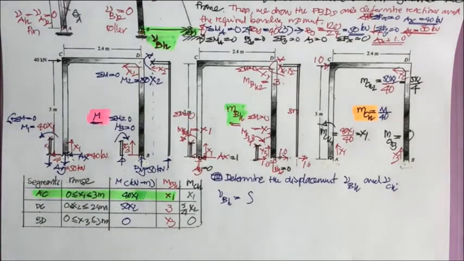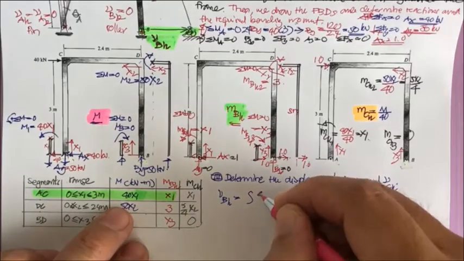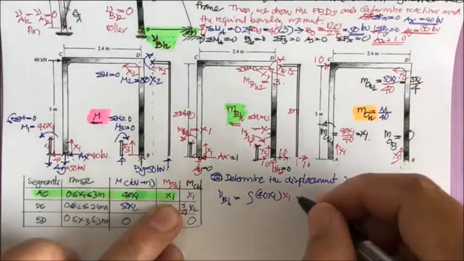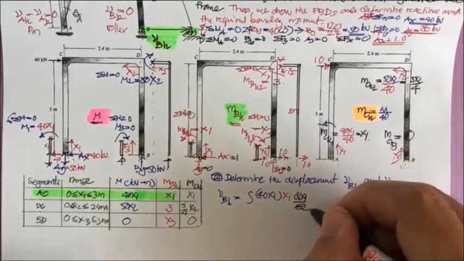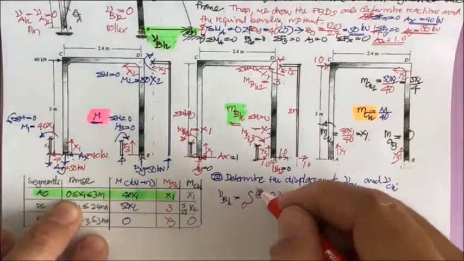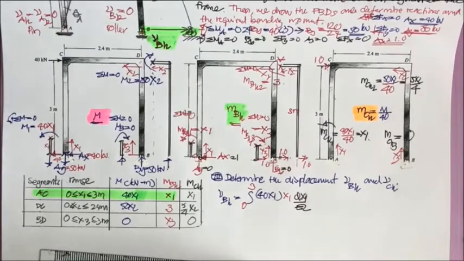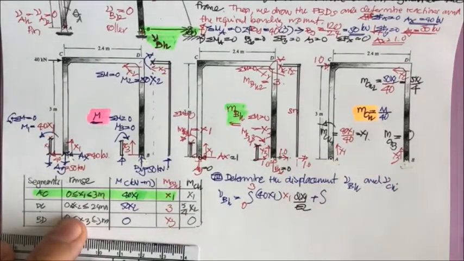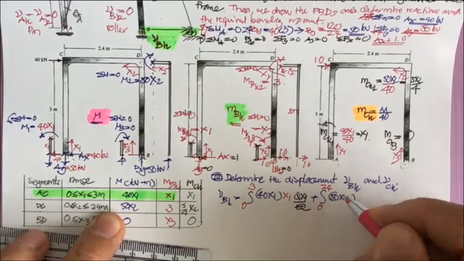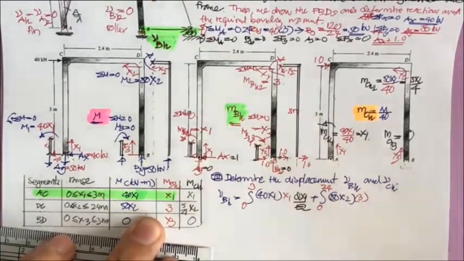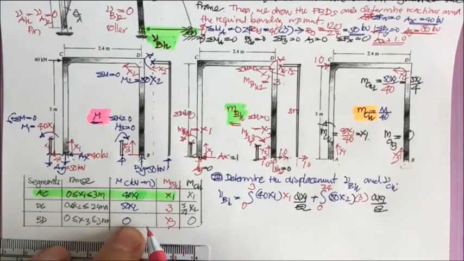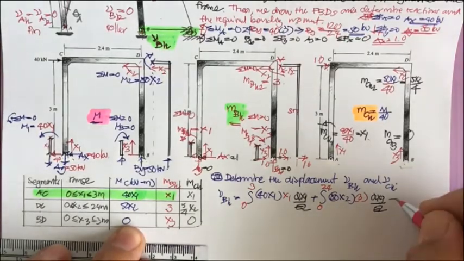That means we integrate 40x1 times x1 dx1 over EI from 0 to 3, plus the integral from 0 to 2.4 of 50x2 times 3 dx3 over EI, and the last one is 0 times x3, so that's going to be plus 0.